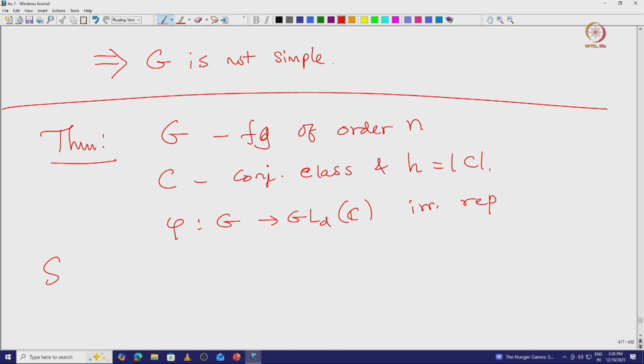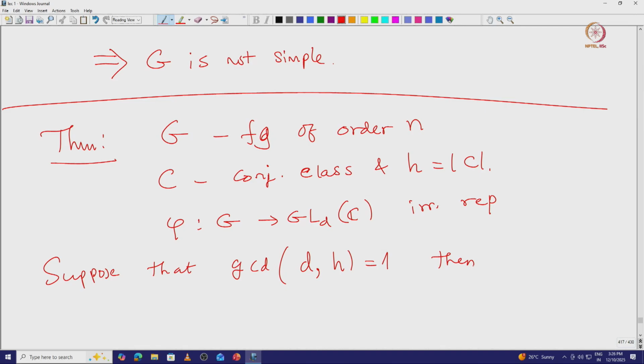Suppose that the degree of this representation is relatively prime to the number of elements in this conjugacy class. That means GCD of d comma H is 1.